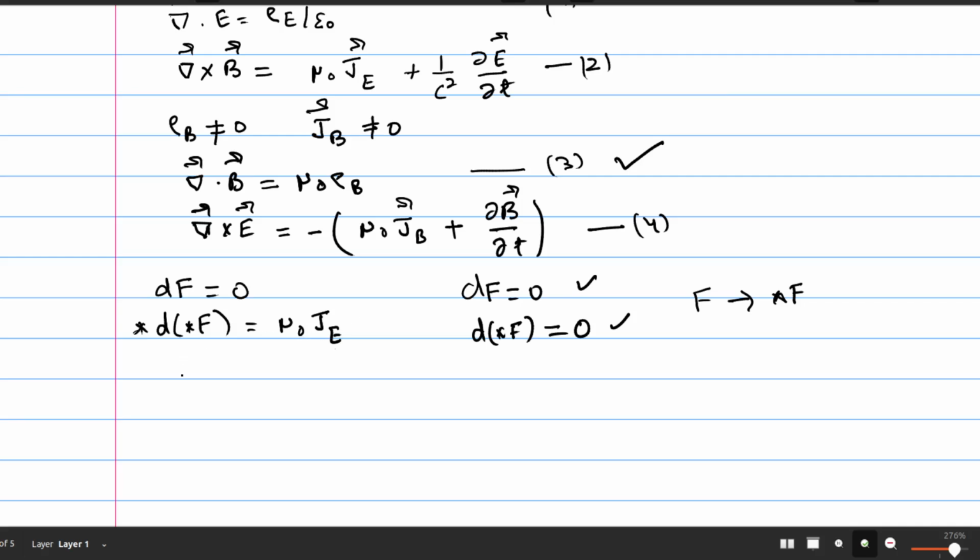If we introduce a fictitious magnetic current one form Jb, then we can modify this first equation, and Maxwell's equations in this case become Hodge star of df equals mu naught Jb over c, and Hodge star of d Hodge star of f equals mu naught Je.